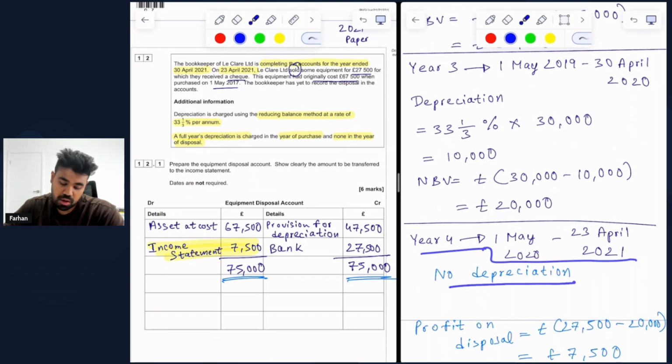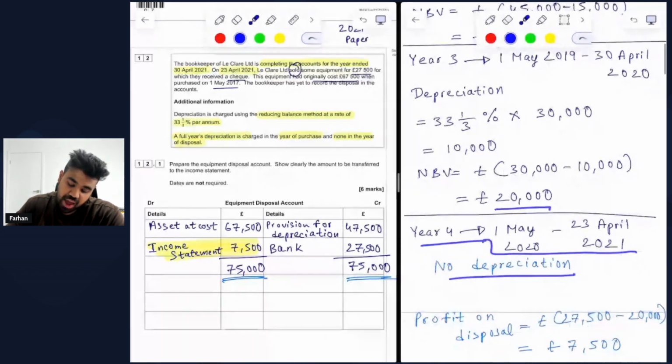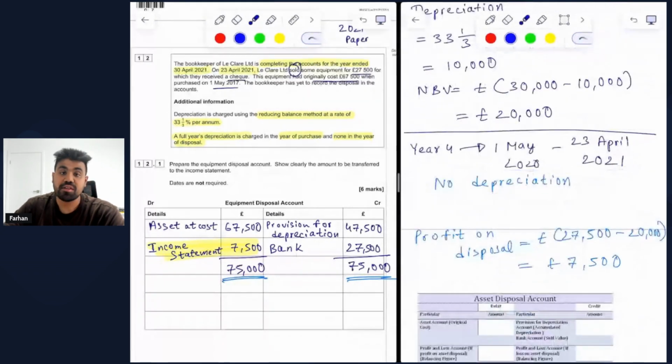So therefore, the net book value before disposal, or the value remaining within the asset that we have disposed, was £20,000. We understand that we have sold this asset for £27,500, which is also what we refer to as the disposal proceeds.